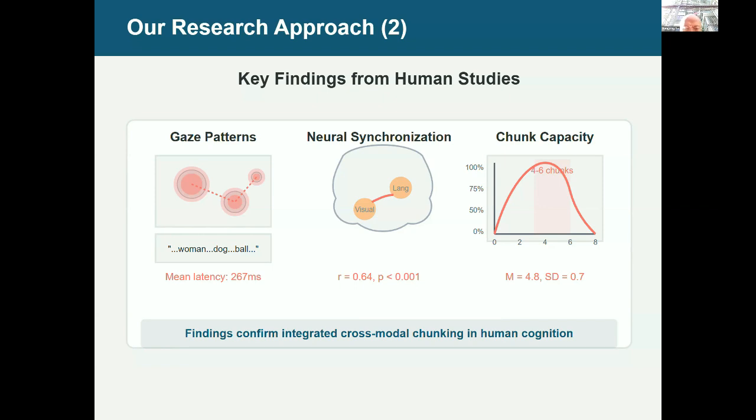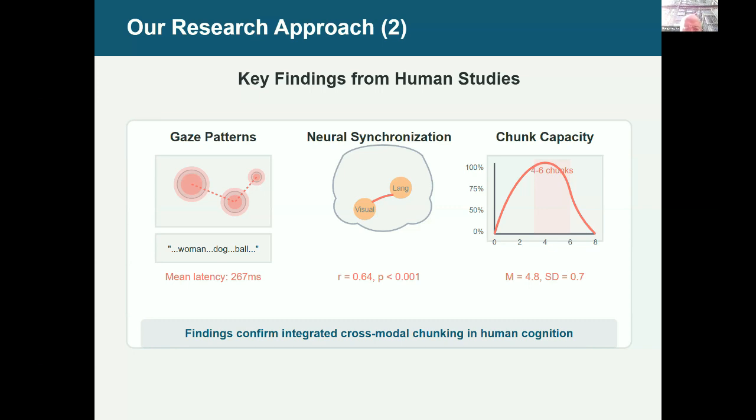Participants moved their eyes to the corresponding regions in the image within about 2.67 milliseconds. The brain network illustration shows synchronized activity between visual processing regions and the language areas. This indicates integrated rather than separate processing.